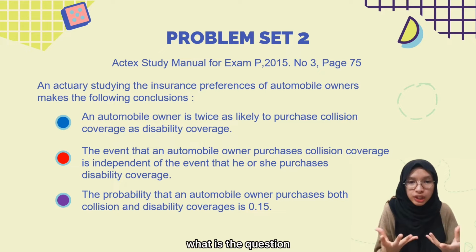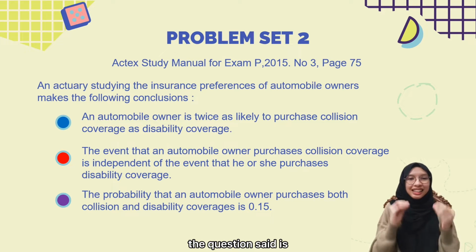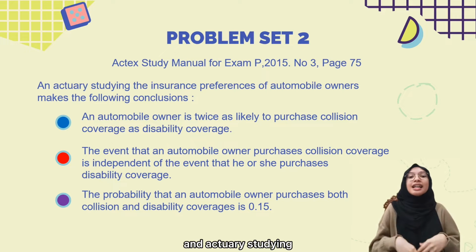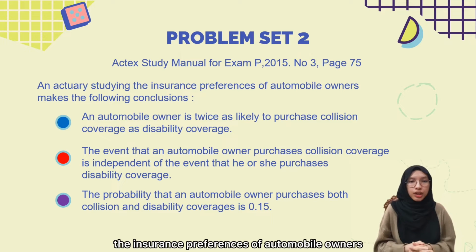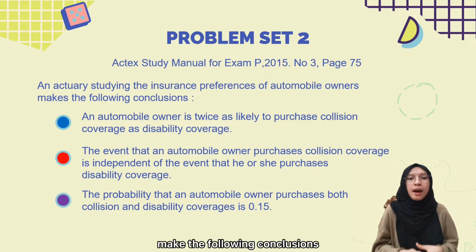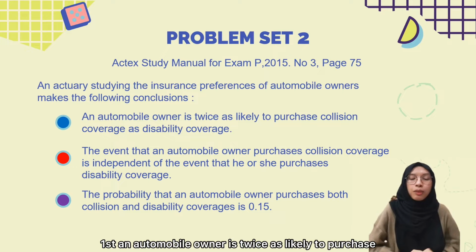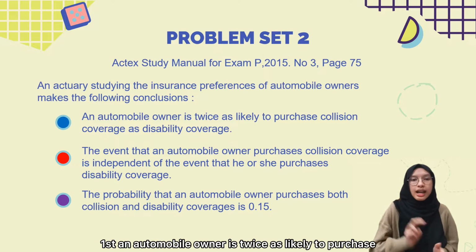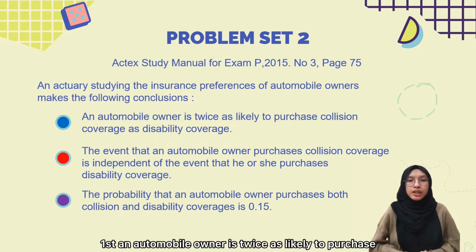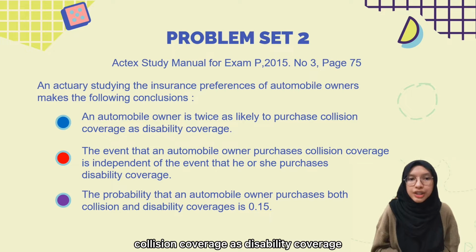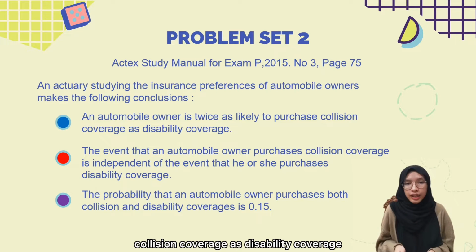The question says: an actuary studying the insurance preferences of automobile owners made the following conclusions. First, an automobile owner is twice as likely to purchase collision coverage as disability coverage.